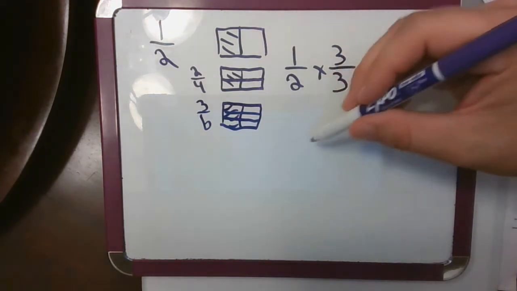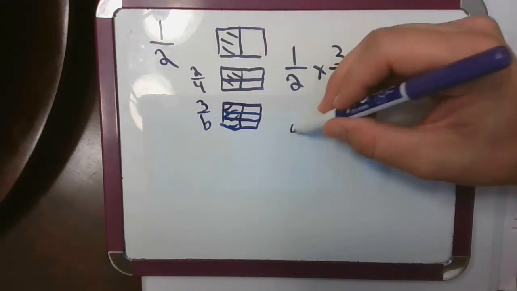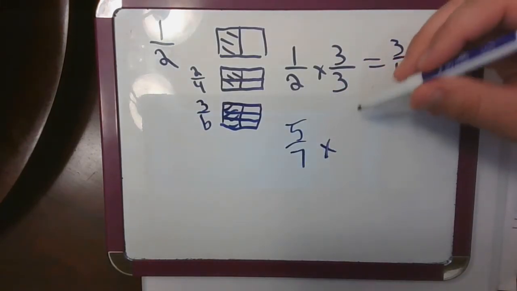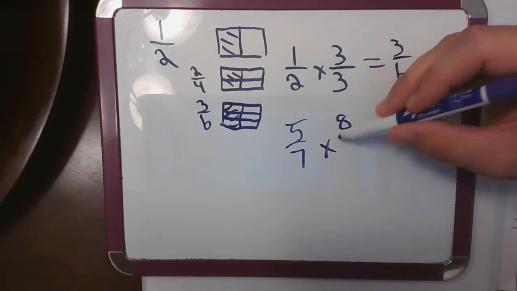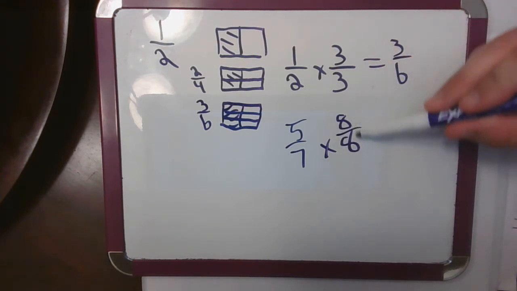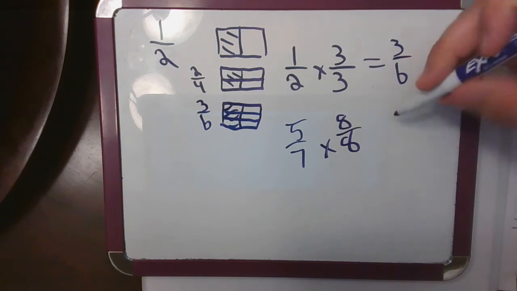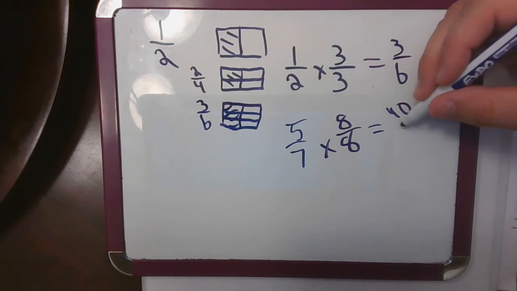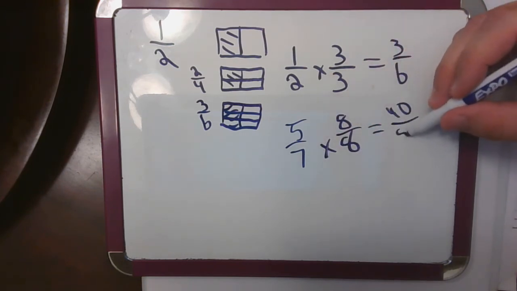So let's do it with, I don't know, 5/7. I can multiply 5/7 by 8. But if I multiply by 8, I really want to multiply it by 8/8 because I want to multiply it by 1 whole unit. So 5/7 is equivalent to 5 times 8, which is 40, over 7 times 8, which is 56.